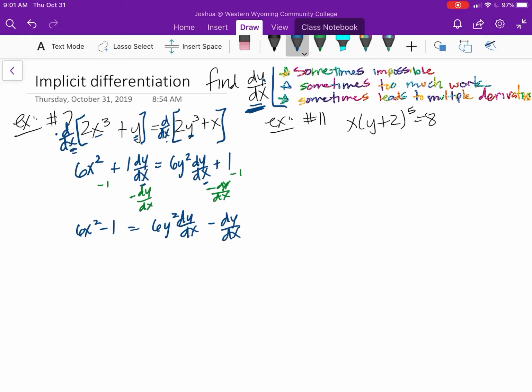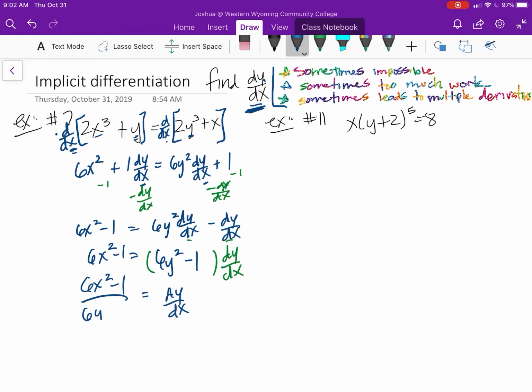So now we factor this dy dx out, because it shows up in both of these. In the parentheses, write what we're left with, 6y squared minus 1. And divide that to the other side. And that is your answer.